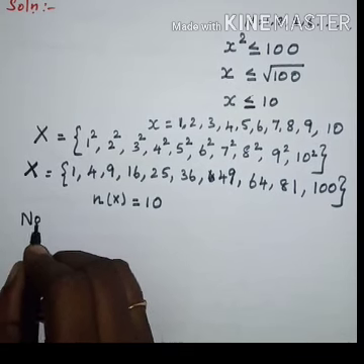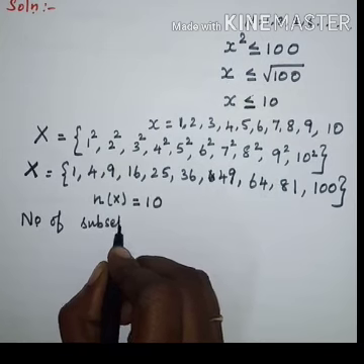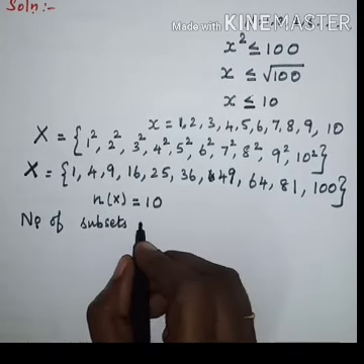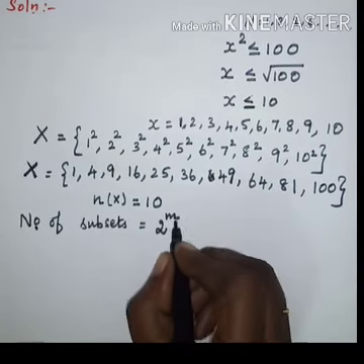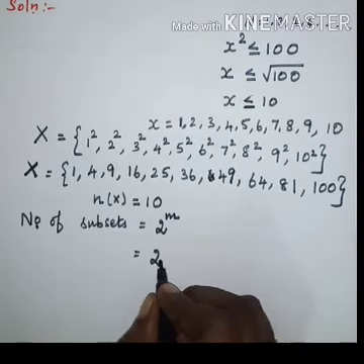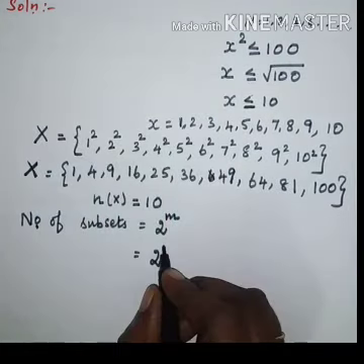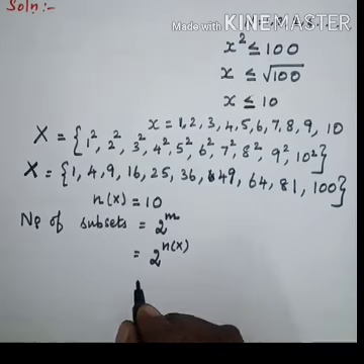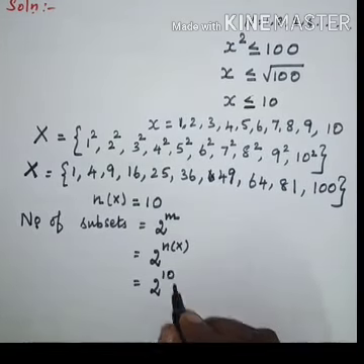So the formula to find the number of subsets: number of subsets is equal to, what is the formula? 2 power m. So here m is nothing but n of X, the number of elements in the set X. So n of X is 10, so 2 power 10.